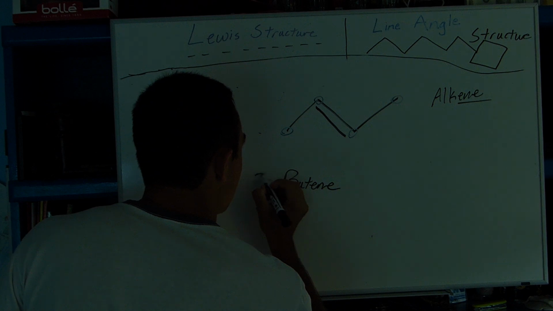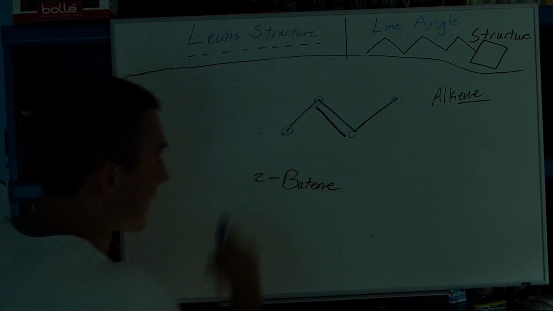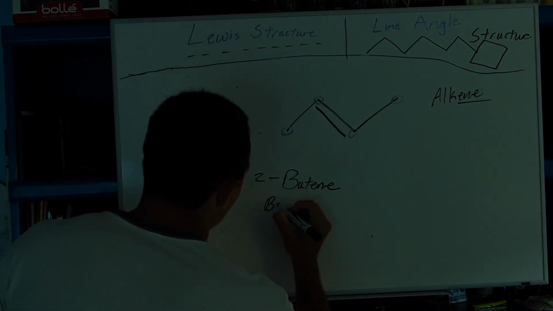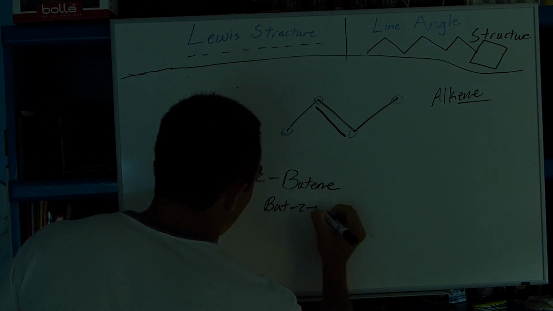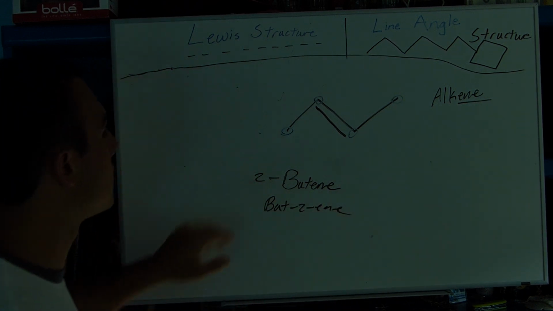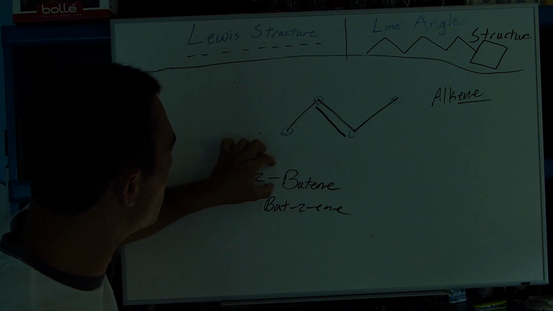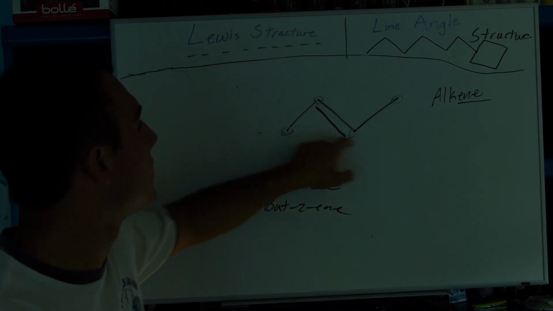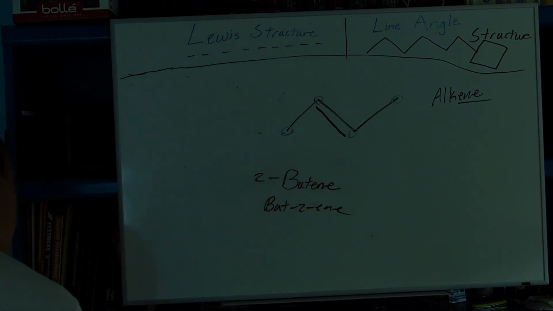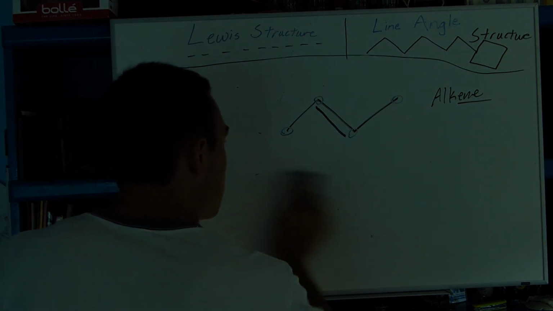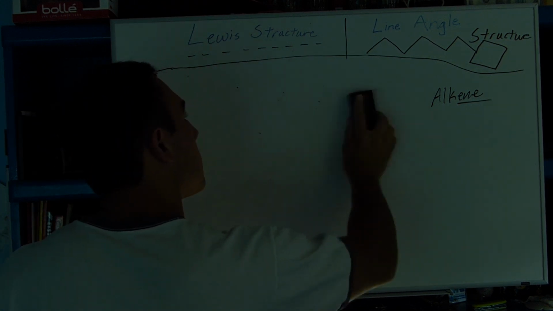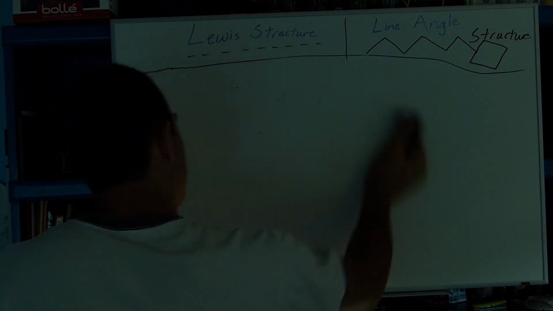So we just know it's on the 2. Now remember what I said, that's old IUPAC. If you want to write the new, be my guest. And there we have it. 2-butene. That's it. Pretty simple. Self-explanatory. Now, let's go to that one molecule I was talking about earlier.